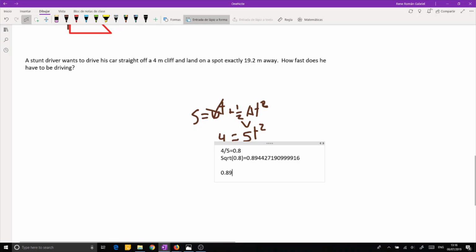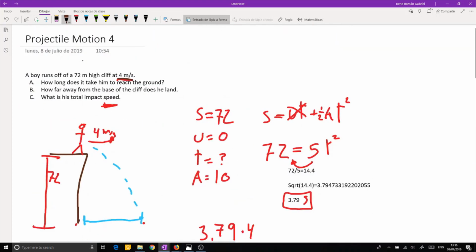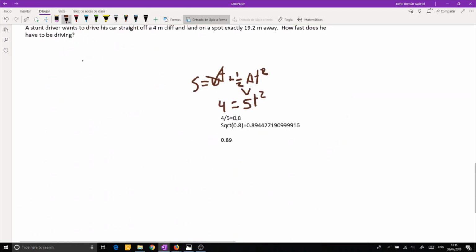And so how fast does he have to be driving? So now it's very, very easy. We just have to get the distance and divide by the time, because out here we did the time times the speed. So it's the distance divided by the time. 0.9.